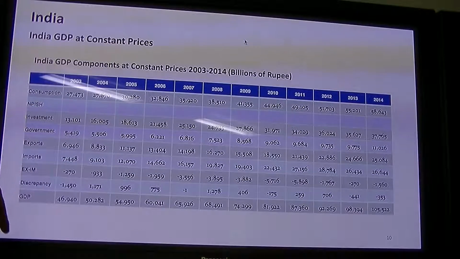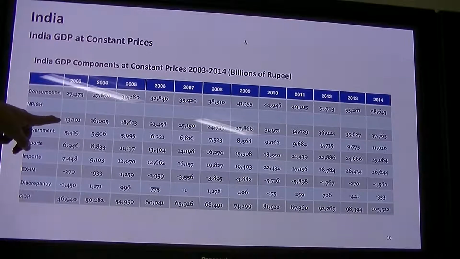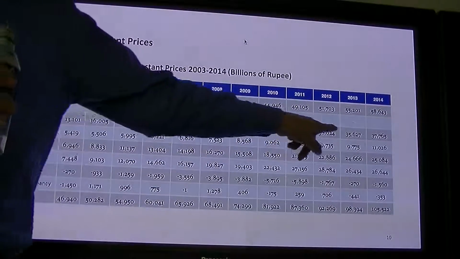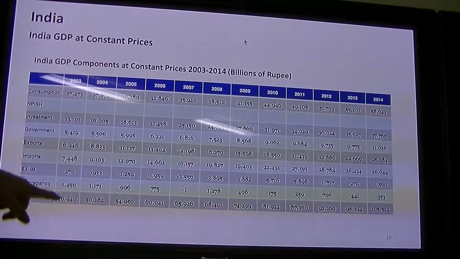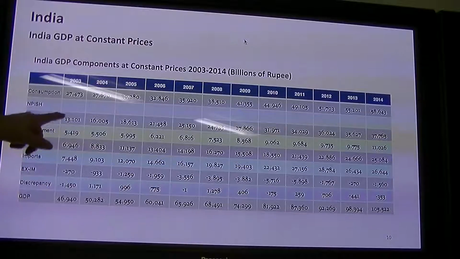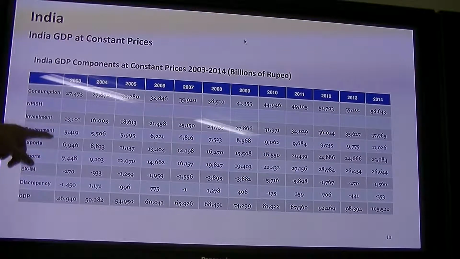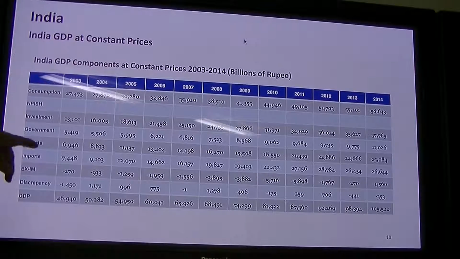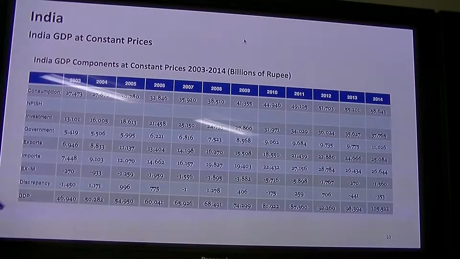So when we look at this, the investment grows more rapidly, and this is interesting. You do see it's almost triple. The economy grows a little bit more than double. Investment increases more rapidly than other sectors, and exports and imports grow more rapidly.